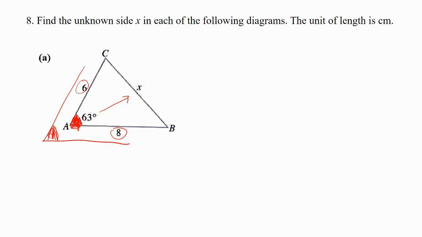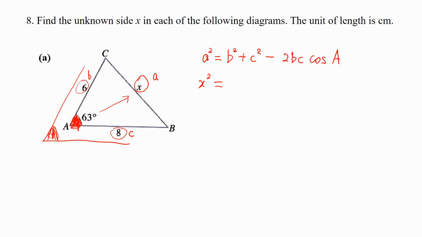So applying our cosine rule, this side is the a. So a squared equals b squared plus c squared minus 2 times b times c multiplied by cosine A. So your a will be your x, so x squared. What's my b and what's my c? My b can be 6 cm, my c can be 8.